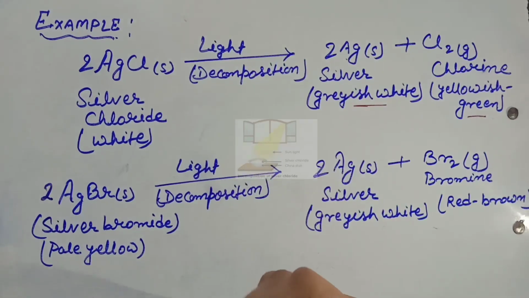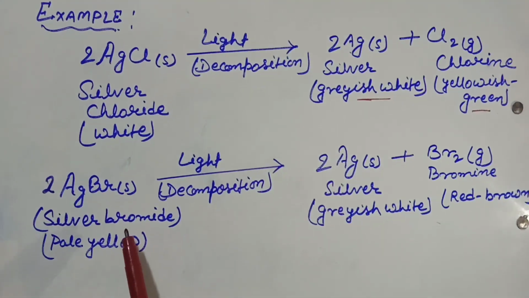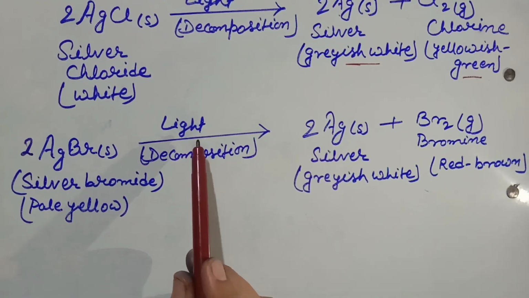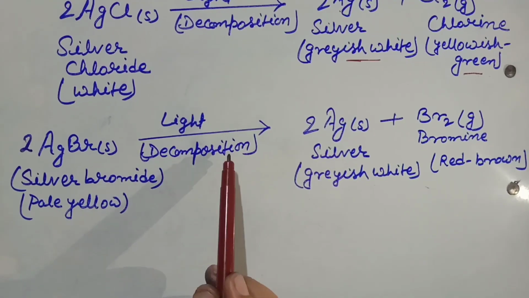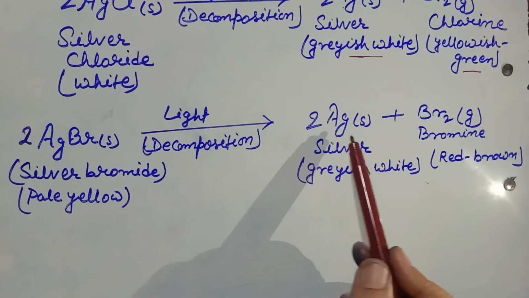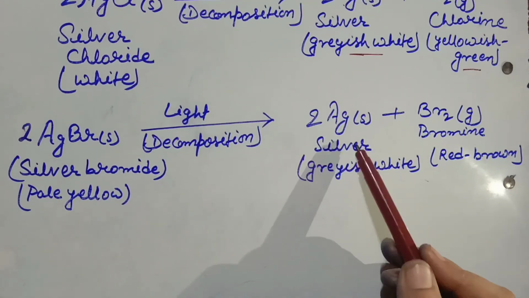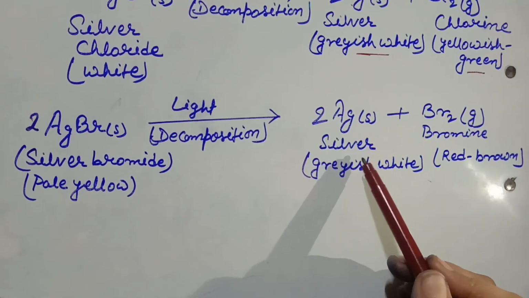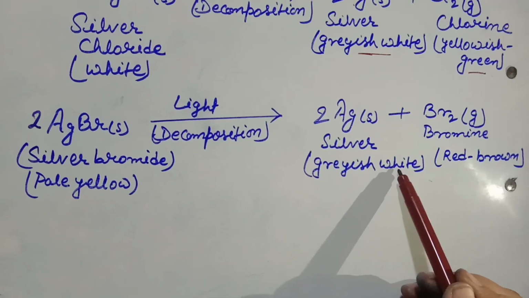Now see the next example, silver bromide. Same here, in presence of light, either bulb light or sunlight, decomposition takes place. When silver bromide breaks down into silver and bromine, the color of silver is grayish white. Why? Because it is a metal, that is why the color becomes grayish white.